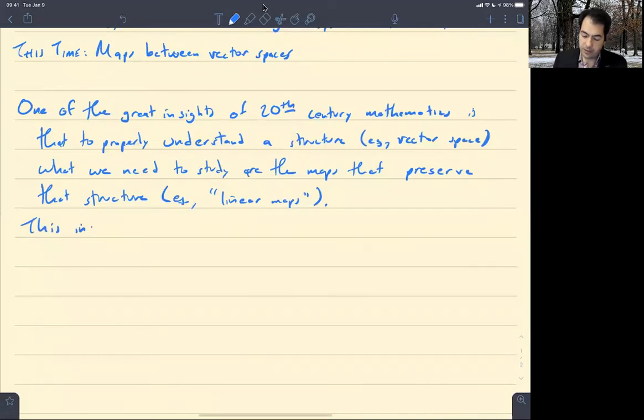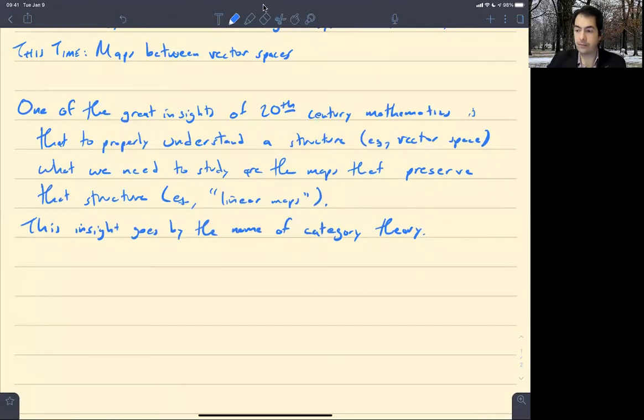This insight goes by the name of category theory, which you may have heard before. Okay.